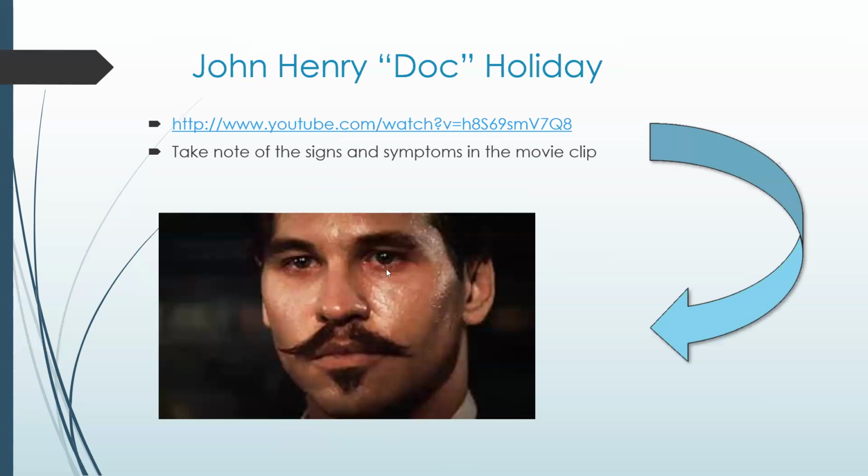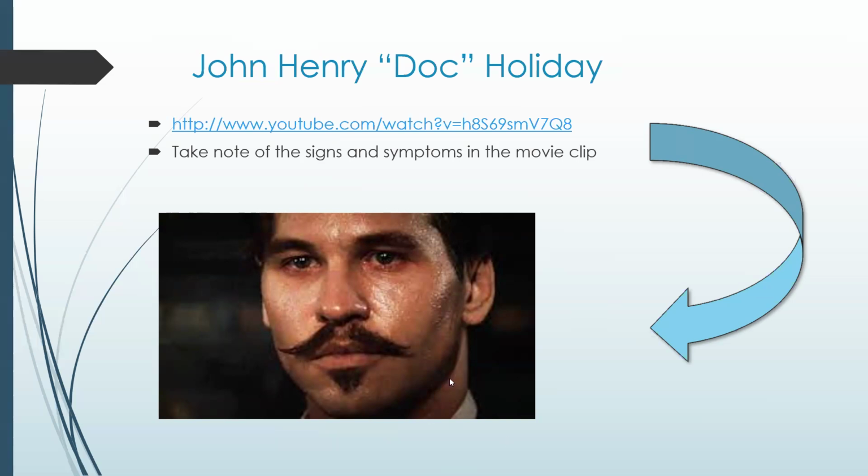I put in this clip because of that movie, oh my gosh, now I can't think of the name of the movie. Someone will remember it. It was a really good movie. But Val Kilmer played Doc Holliday, an American gambler, gunfighter, and dentist, and he contracted TB from his mom.